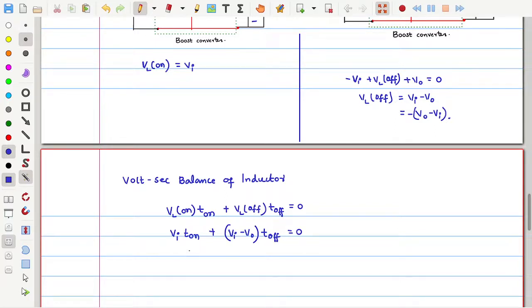And see what we can do here. If I take Vi common, I get T on plus T off in the first term, and that is equal to V0 into T off.